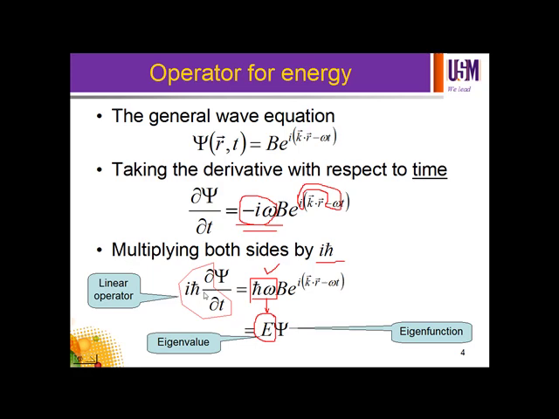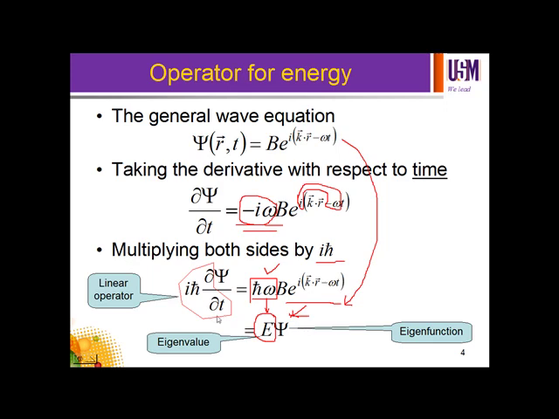So i h bar multiplied by delta psi divided by delta t equal to h bar omega B e exponent i, whatever it is, that's the general wave equation. So h bar omega is E, and B e exponent i and whatever in the bracket is psi, as the definition up there shows that we can replace this with psi.